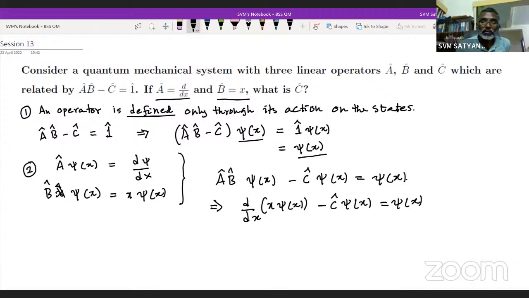Now you can take this to the right hand side, then you have C acting on psi of x equal to, using the product rule here, psi of x plus x into d psi by dx, minus psi of x.